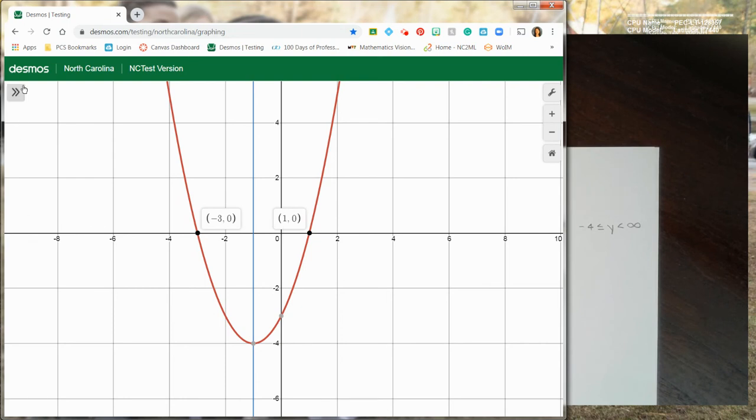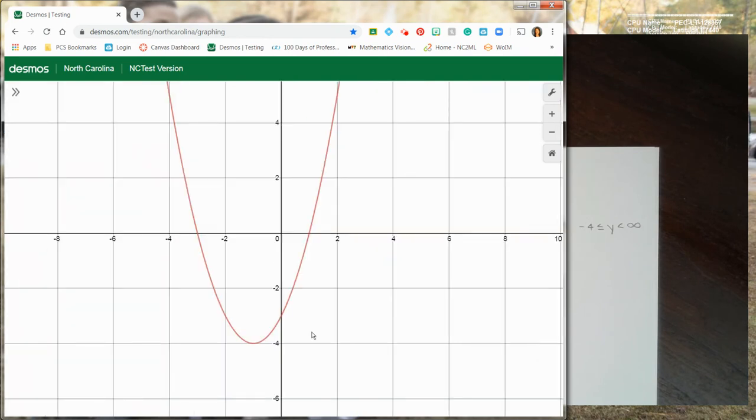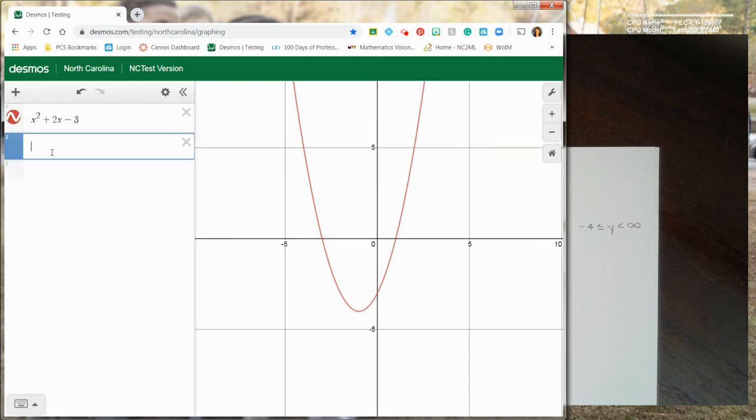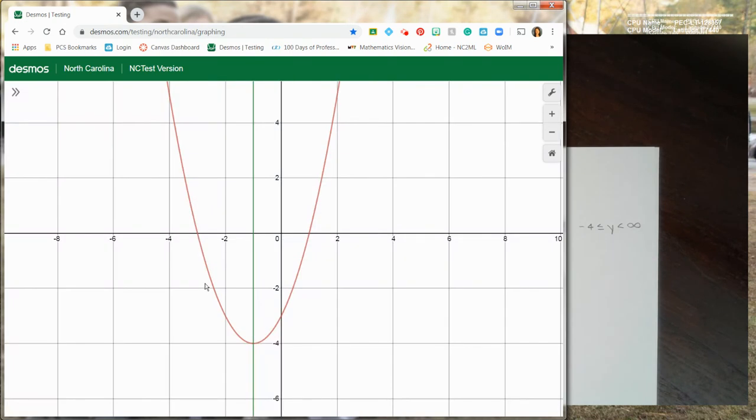The last thing that we need to look at is our increasing and decreasing intervals. This goes back to, actually I'm going to leave that axis of symmetry in here just to help our brains. This goes back to Unit 1, way back in January. So I'm always moving from left to right as I read my graph.